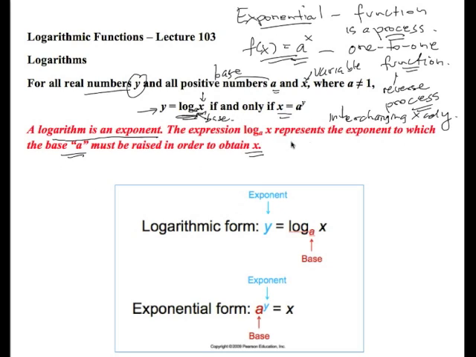Now, a very interesting thing happens here. If these are the reverse process, let's suppose that I have y equals log in base a of x. And then if I take the log in base a of x, and let's suppose I make x equal to what we got up here, a to the y, then this becomes log in base a of a to the y.